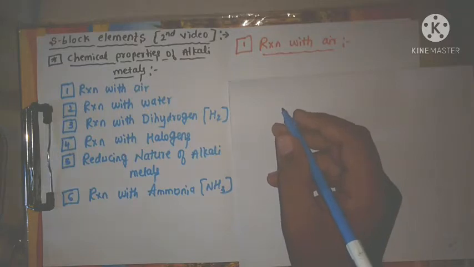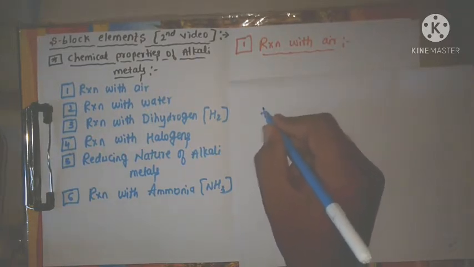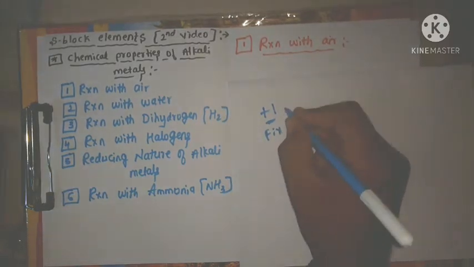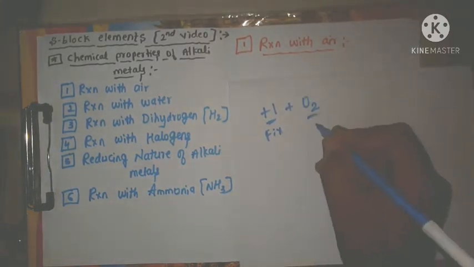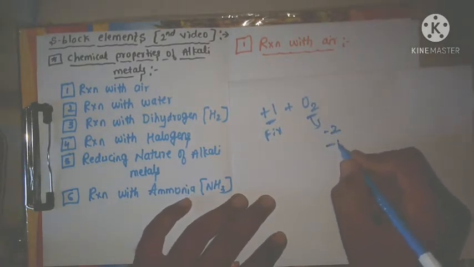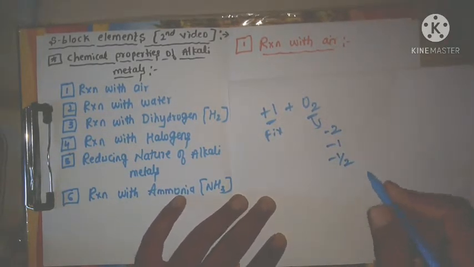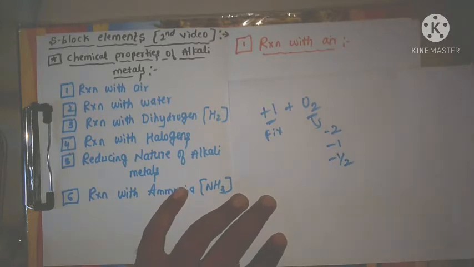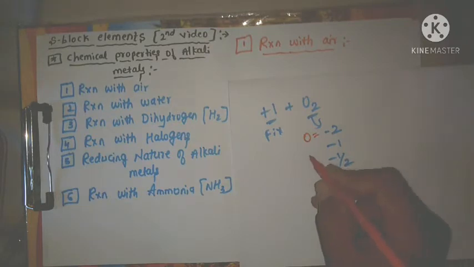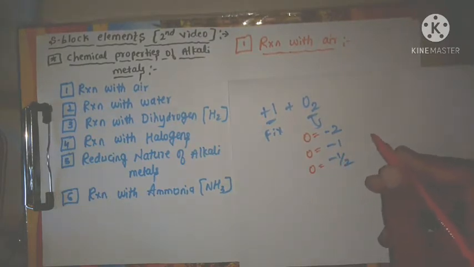Here, charge on alkali metals is +1. It is fixed. Air means oxygen, O2. Oxidation state of oxygen may be -2, maybe -1, maybe -1/2. This is -2 for only one oxygen atom, -1 for only one oxygen atom, -1/2 for only one oxygen atom.